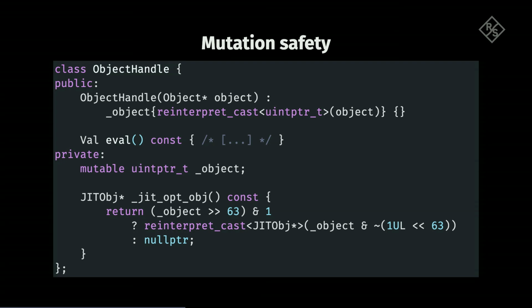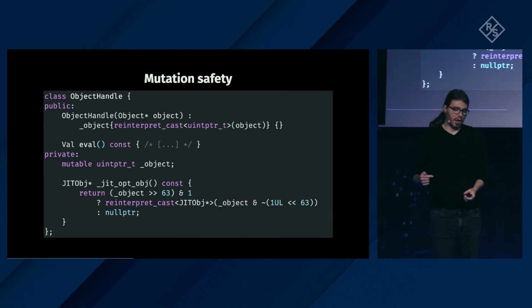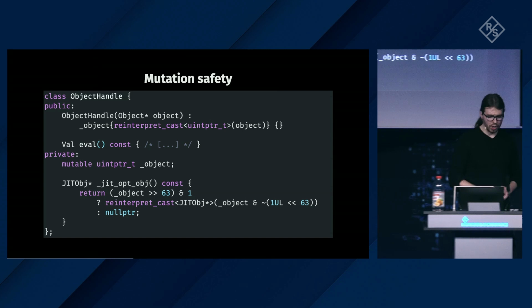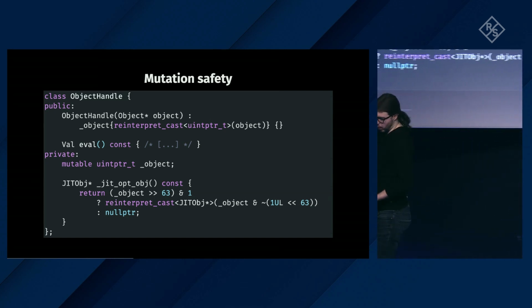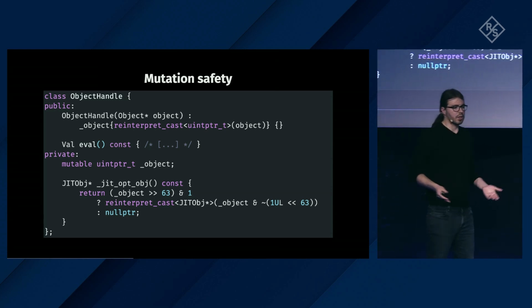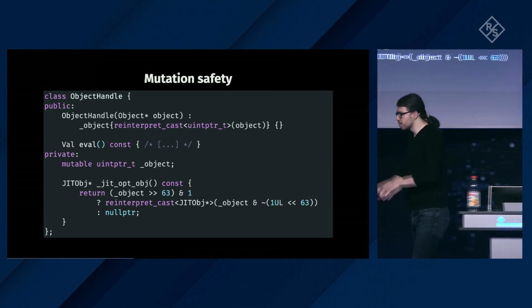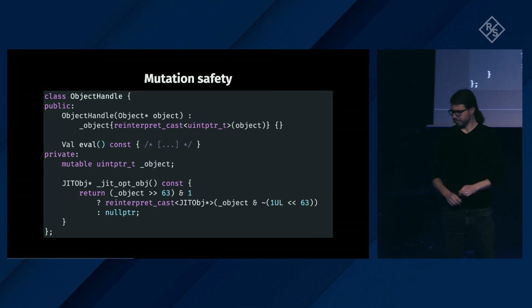And what you have is a pointer towards one of these objects, and it can be either an interpreter object or a JIT object. And what we also do is pointer tagging. We take the most significant bit, we write a 1 into it if it's a JIT object, and if there's a 0, as usual, then it's the interpreter object. So that's a kind of technique. It will not work on every machine out there. Just assume it's Linux 64 bits and it works.